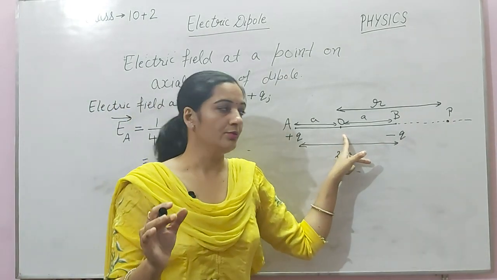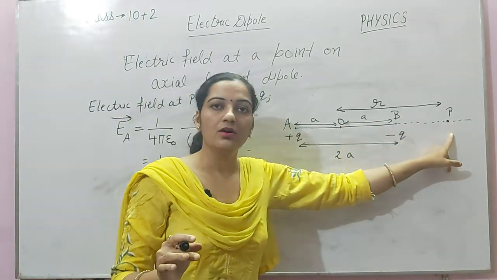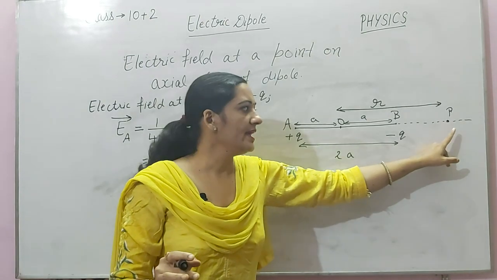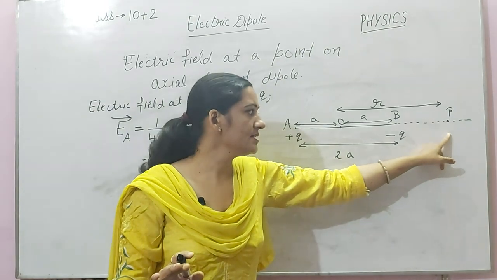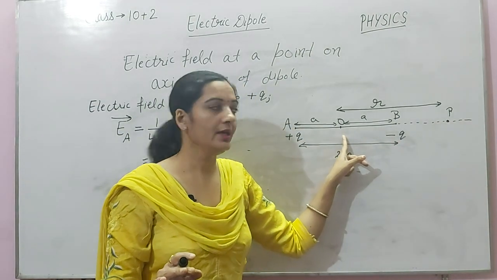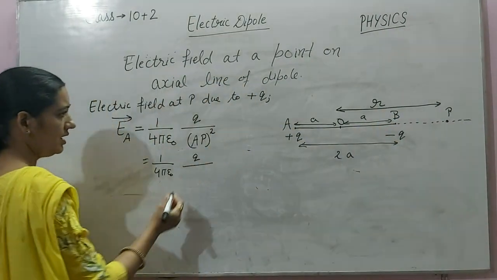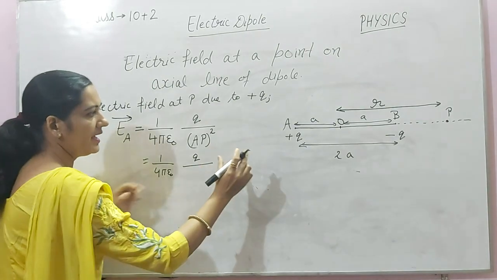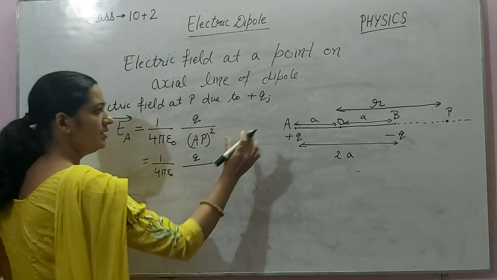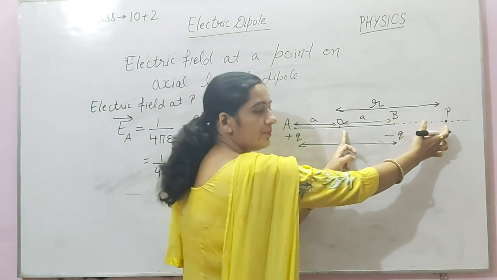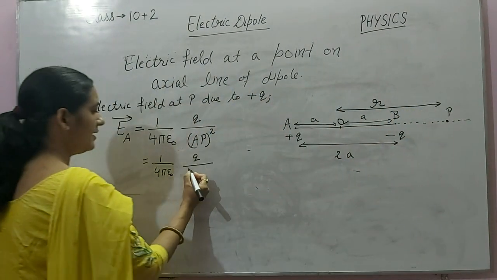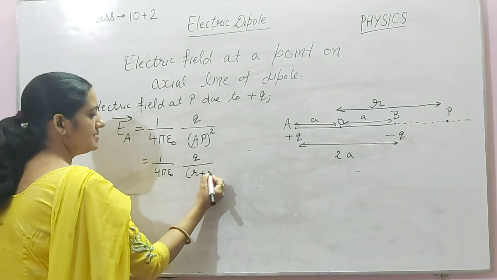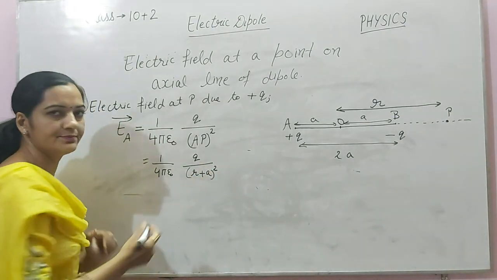When observation point is here, its distance or position vector will be given, distance from O. Distance is r, so AP can be written as AO plus OP. It becomes a plus r, or I can write it as (r plus a) whole square.